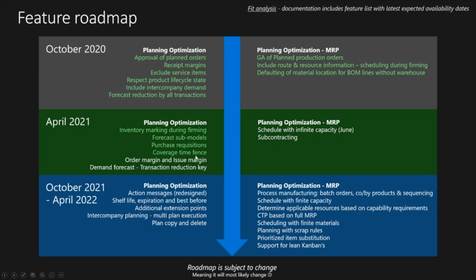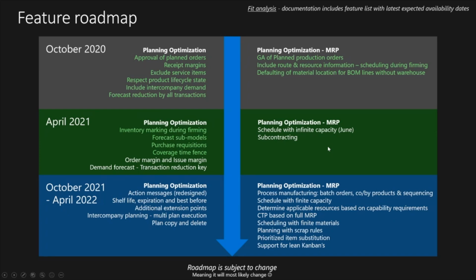We are working on the final safety margins, which is order margin and issue margin. We have the demand forecast transaction reduction key. That's on, you could say, the classic non-production part. On the MRP side, the big thing that we are working on right now is scheduling.